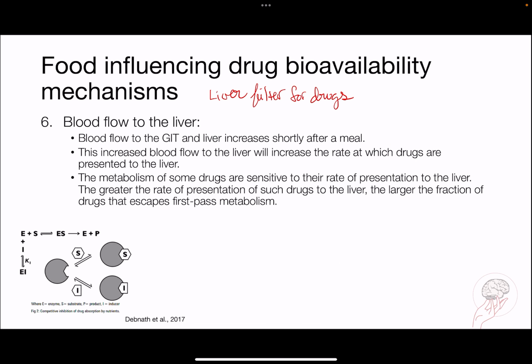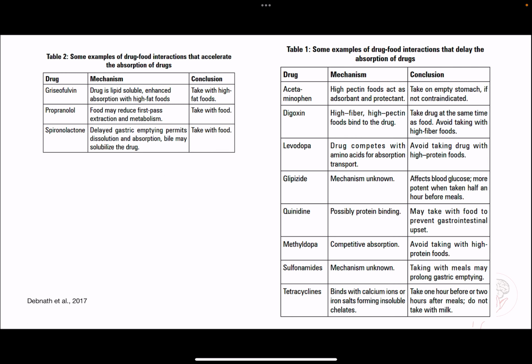This diagram shows competitive inhibition of a drug by nutrients. This is an example of the iron or calcium. So some examples of food-drug interactions that accelerate the absorption of drugs. Something like propranolol, which, this is the worst lecture because I struggle saying the names of drugs.